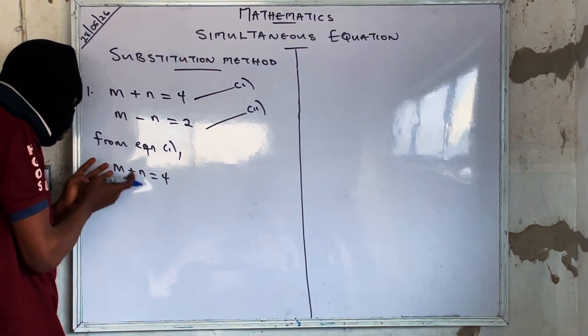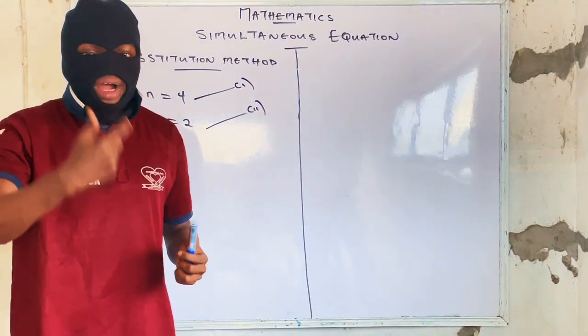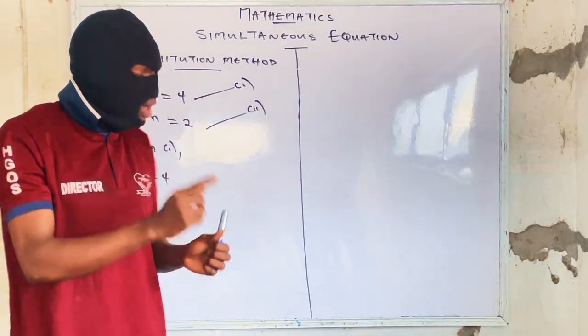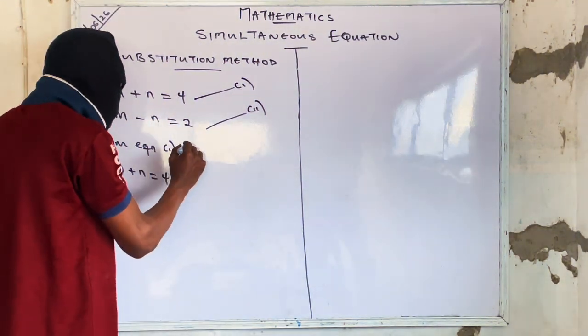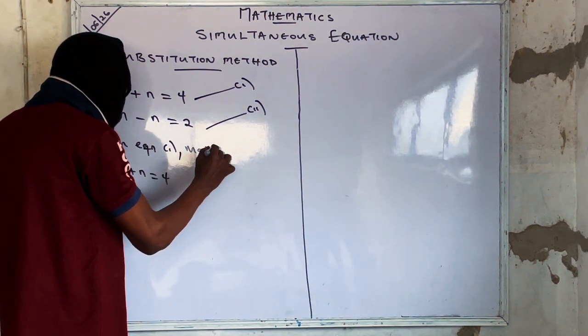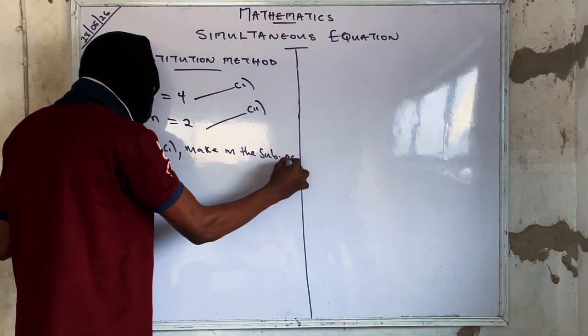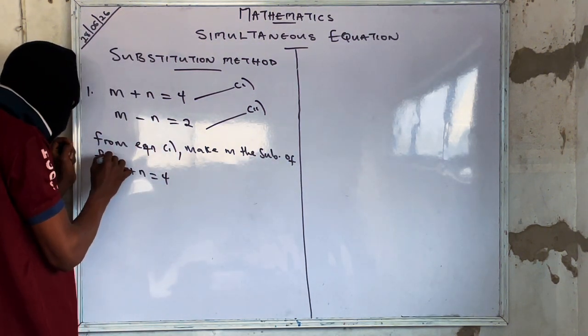Looking at equation 1, we want to make one variable the subject of the formula. We want to find the expression of a variable. I'm using m. From equation 1, make m the subject of the formula.